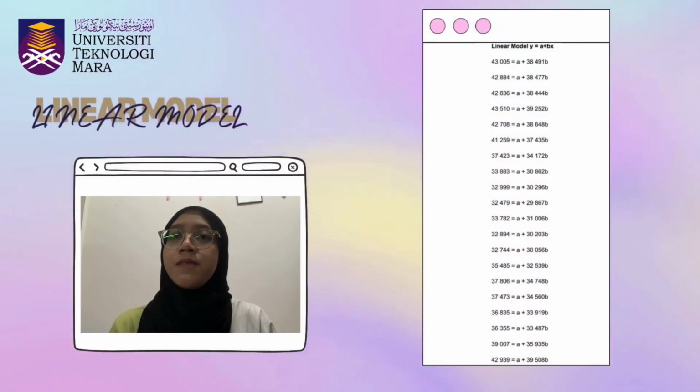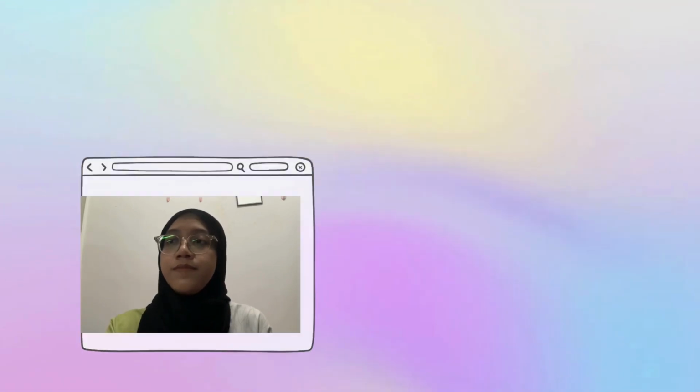Firstly, I will begin with the basic mathematical model, which is the linear model. As you can see here, the equation for the linear model is y equals a plus bx. Therefore, with the 20 data that we have, we can substitute the values of x and y into the linear equation.